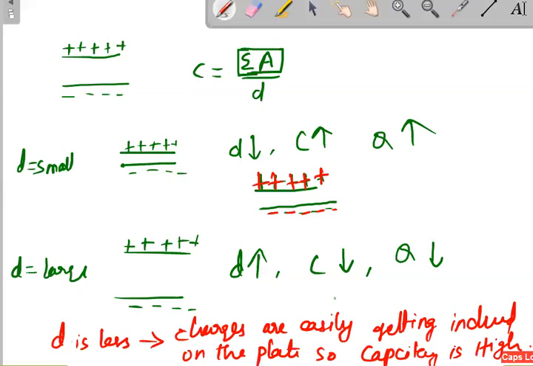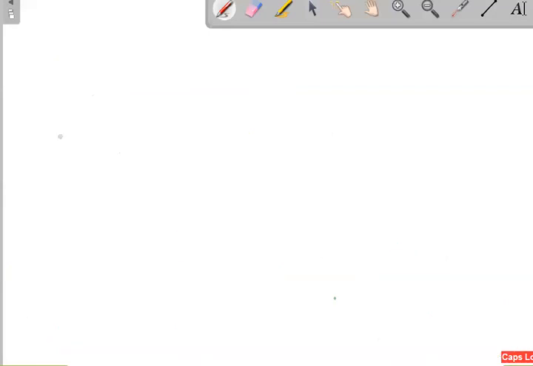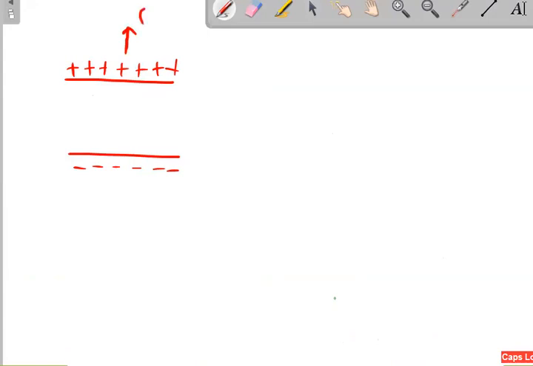With respect to electric field, we will see what is the electric field of the capacitor. You know that the positive plate consists of positive charges and the negative plate consists of negative charges. The field of each plate is rho s divided by 2 epsilon.